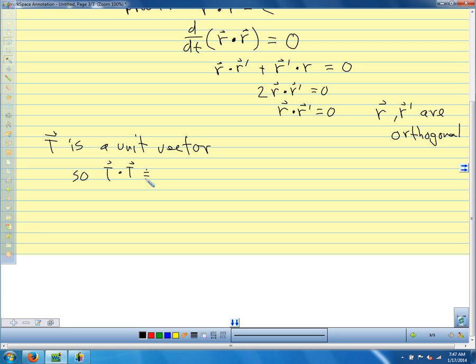What specific constant would this be? The magnitude of t is 1. It's a unit vector. So t dot t equals 1. So by what we just talked about, t dot t prime is 0. So t prime is orthogonal to t.